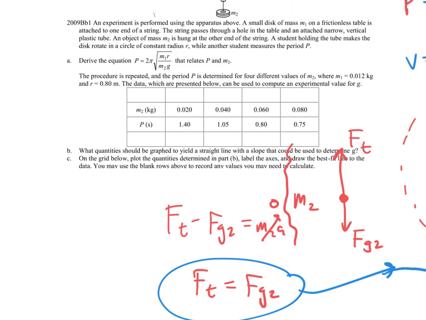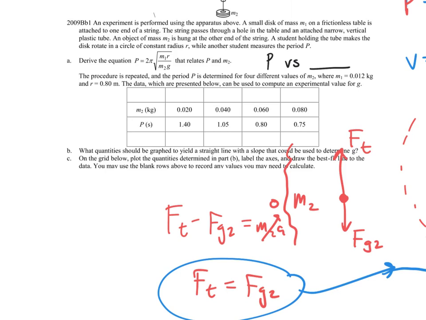So we want to recognize that we want to plot P versus something. In this problem, the value of P is a function of the mass of the second mass. It changes each time, but we want to calculate G with all the others held constant.